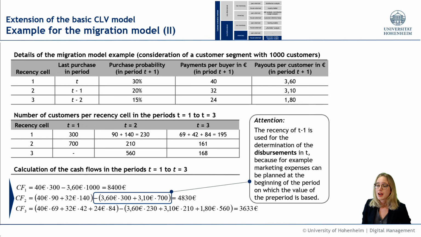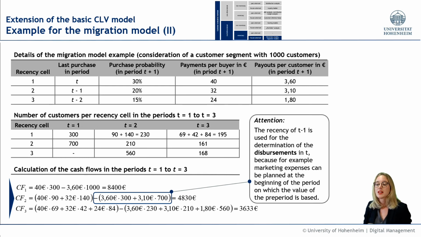So let's have a look at the cash flow of the second period. As was the case in the first period, we multiply the 40 euros with the 90 customers of recency cell number 1. Then we multiply the 32 euros with the 140 customers who have just moved up to recency cell number 1.